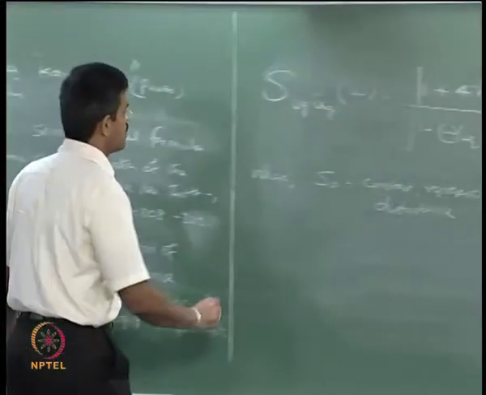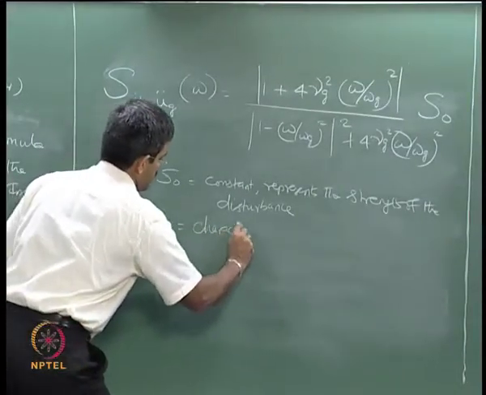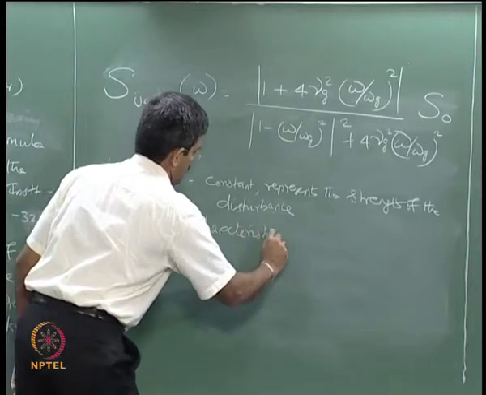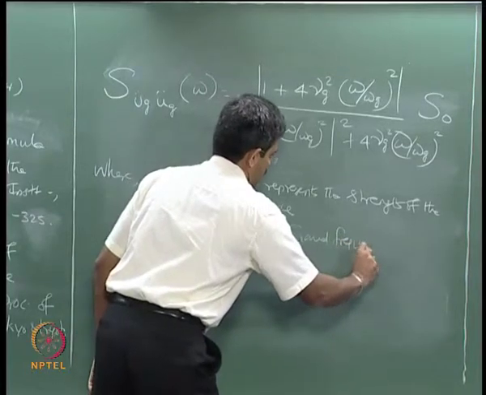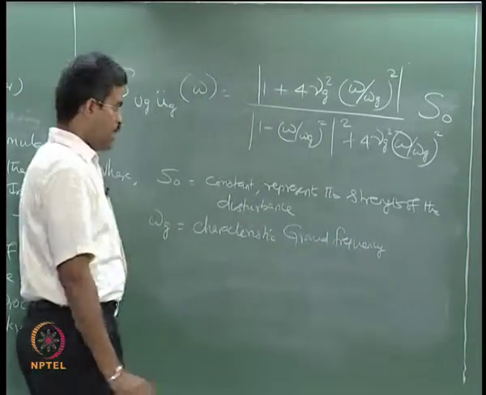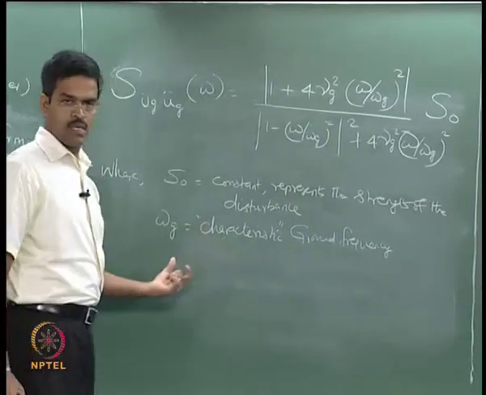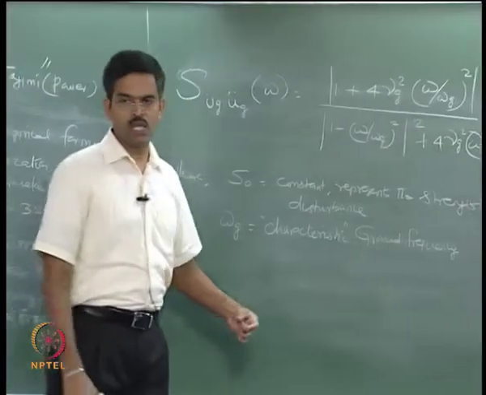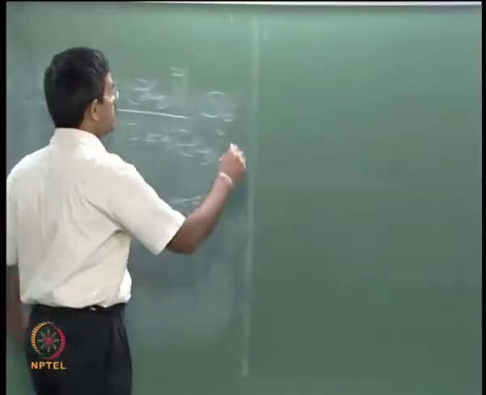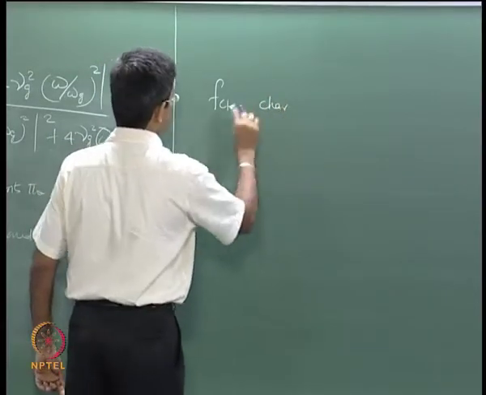Omega g is the characteristic ground frequency. Remember, I am using the term characteristic, it has got a specific meaning in statistical analogy. Okay. For example, FCK in concrete is characteristic compressive strength of concrete.